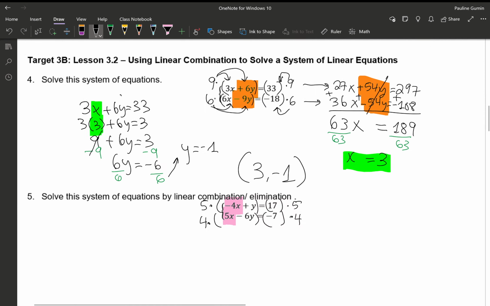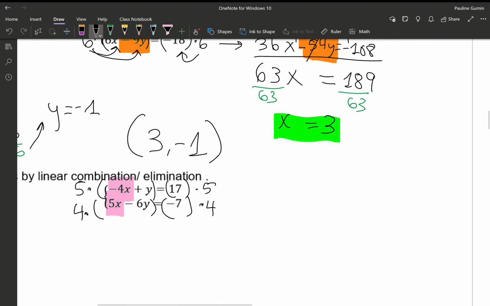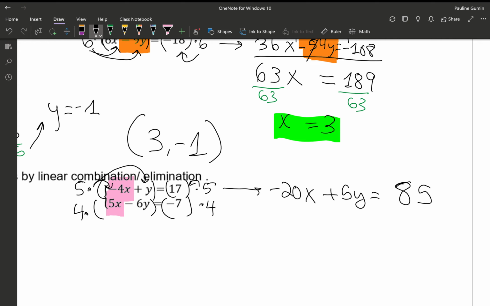All right, let's see what we get. 5 times negative 4x is negative 20x. 5 times 1y is 5y. 5 times 17 is 85. My bad.